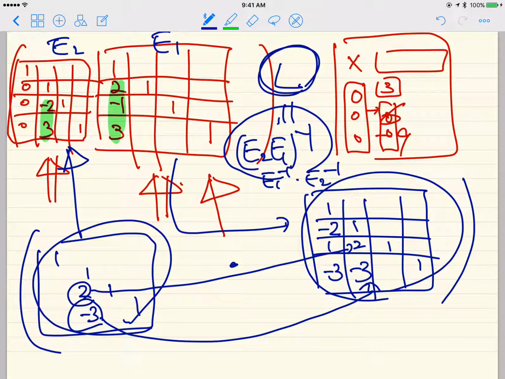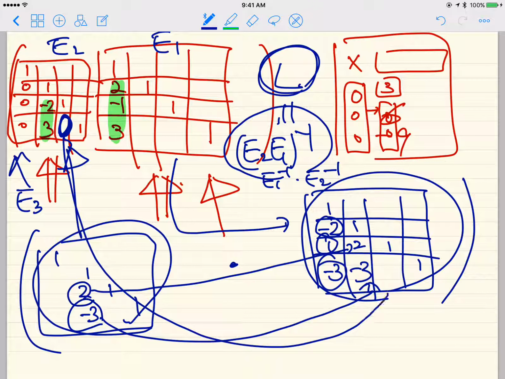We simply change the signs of what we used as a multiplier, and then we just fill these values in by changing the signs. And if we had another matrix E3, that would fill out this value, changing the sign of this value, and then we bring this value in here.